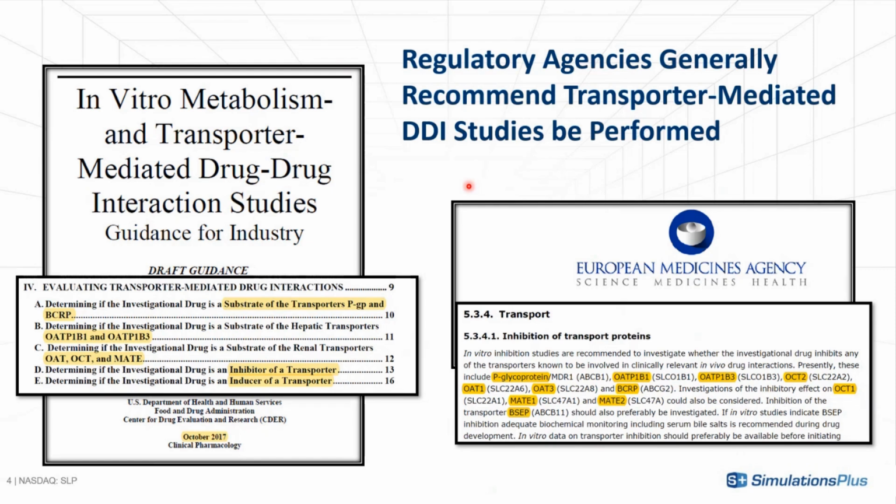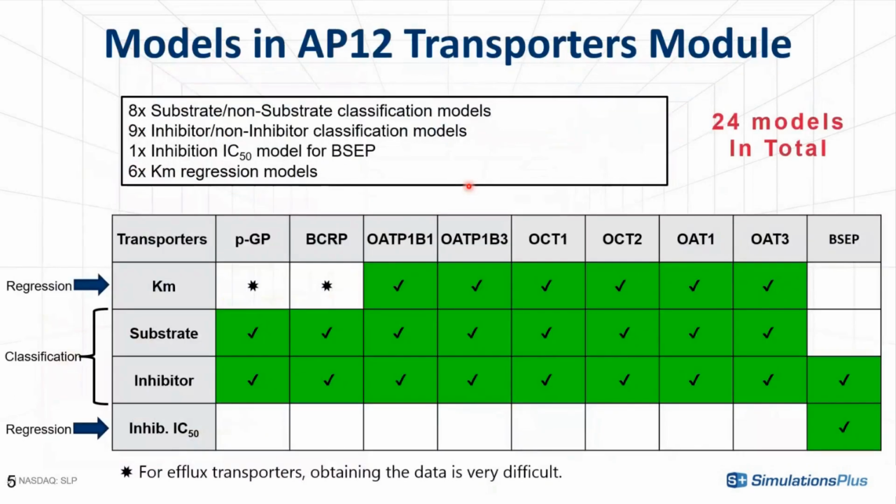The next question is, which ones do we cover in ADMET Predictor? We provide a total of 24 transporter models in version 12 of ADMET Predictor. There are 8 substrate, non-substrate classification models.